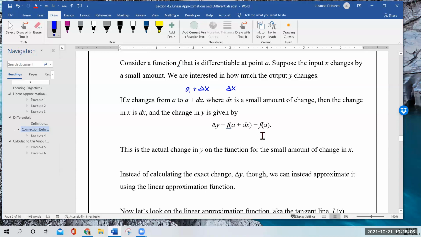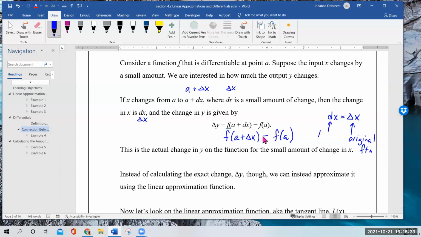Really and truthfully, these should be delta x's because we're talking about the true function value and the difference between a plus delta x and f of a. It just turns out that dx and delta x are the same. Delta x is on the original function, and it's the change in the x value.